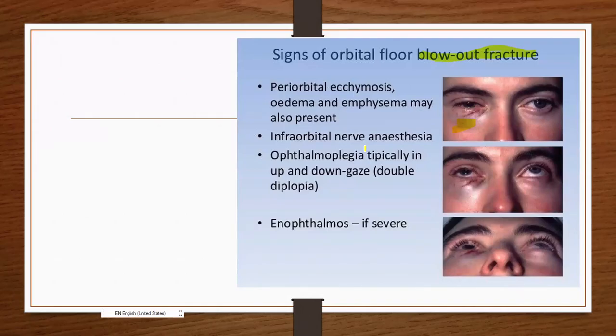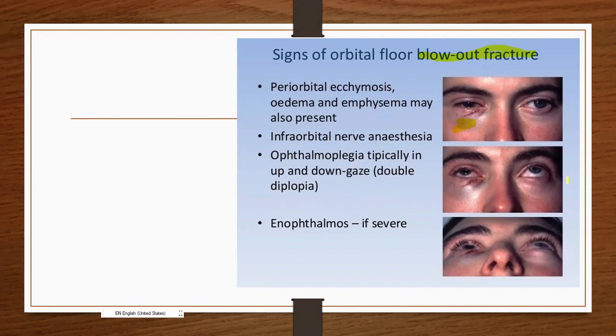So if the infraorbital nerve is involved, what would be the clinical manifestation? Can somebody mention? Yes. Very good. Loss of sensation of the cheek. Sorry, it's not a symptom, it's a sign.